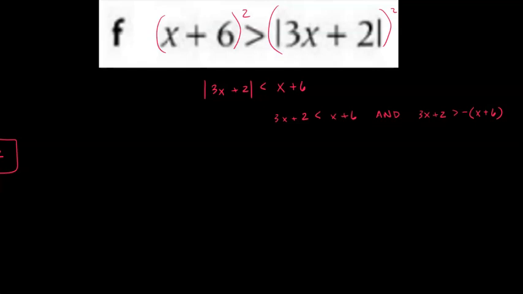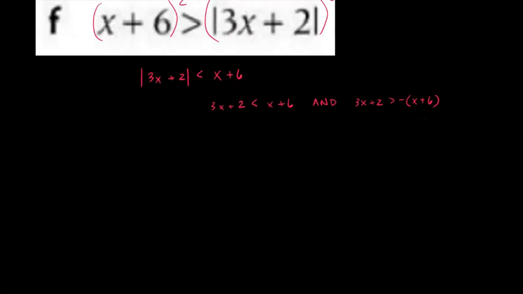Or you can square it. I just solved this. And then we have 2x, 4. X is less than 2. And this is going to be an and because it's less than. It's going to be all of the numbers, open circle, that are in between. 3x plus 2, negative x minus 6.